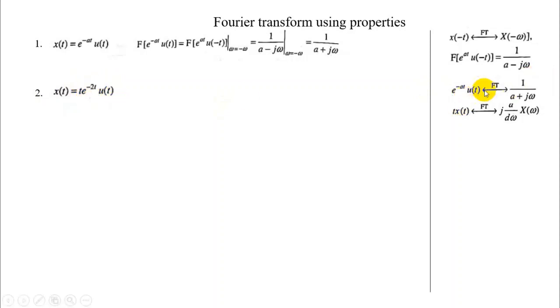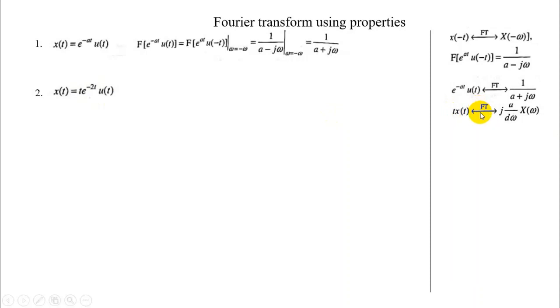In this case, we just place 1 divided by a plus j omega, and here a is 2. So if we think this is x1(t), the Fourier transform of that would be 1 divided by 2 plus j omega.